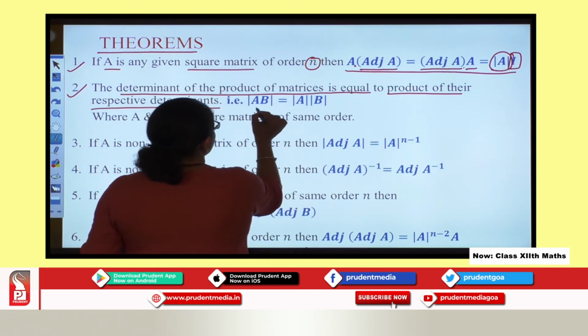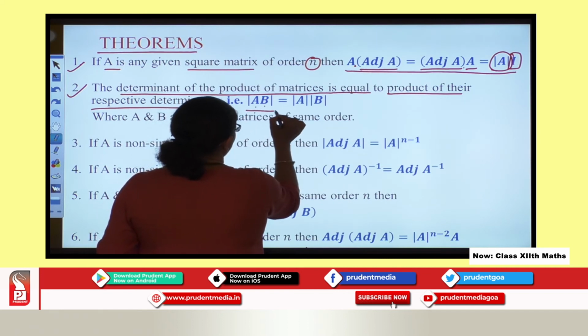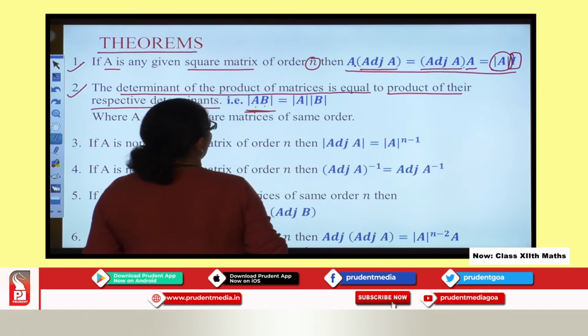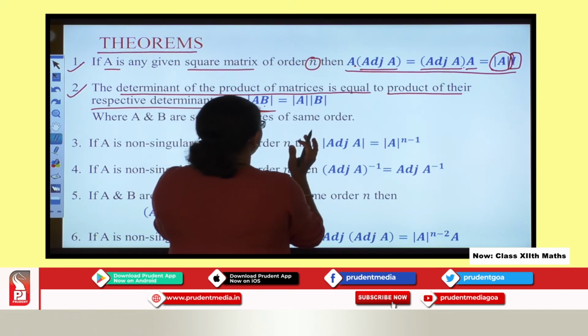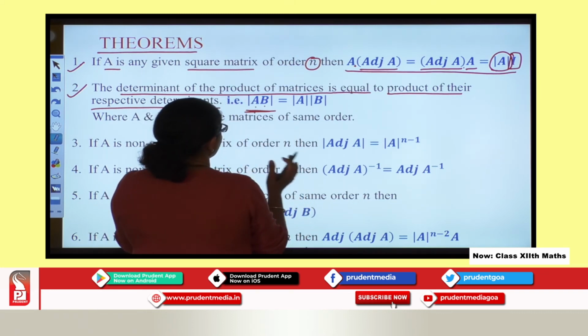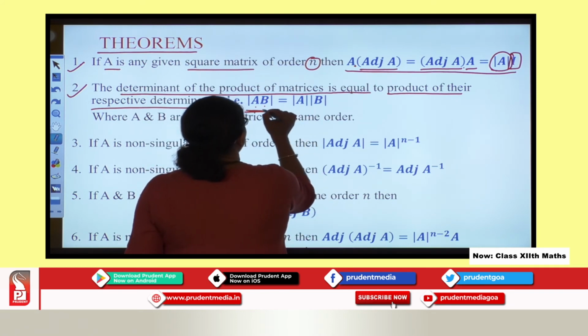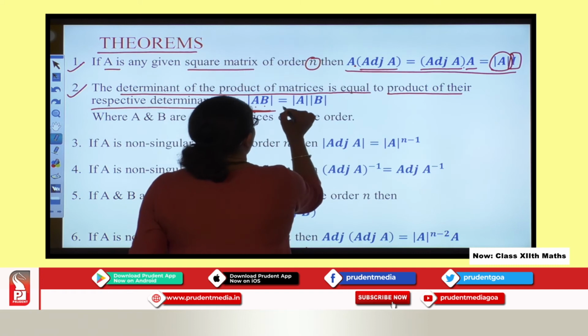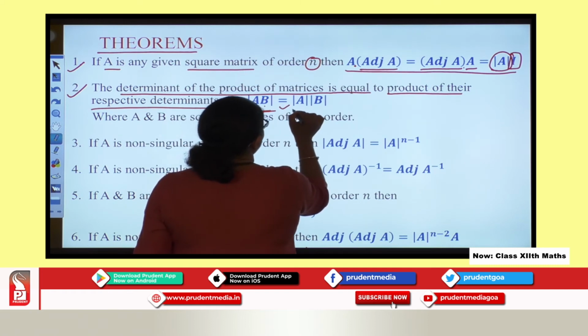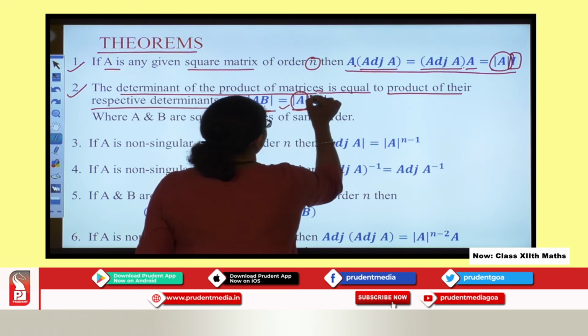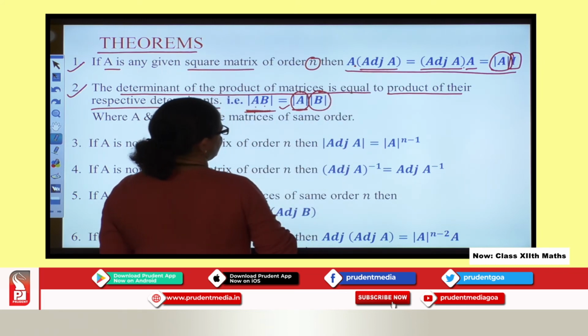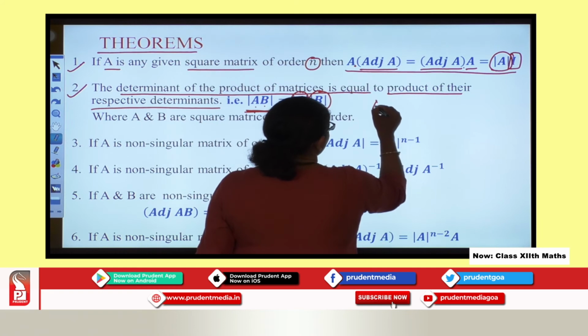Here you can see A into B, when you multiply and you find the determinant value of these two matrices, whatever answer you get, that is equal to the determinant of matrix A into determinant of matrix B. Simply it is given in this way.